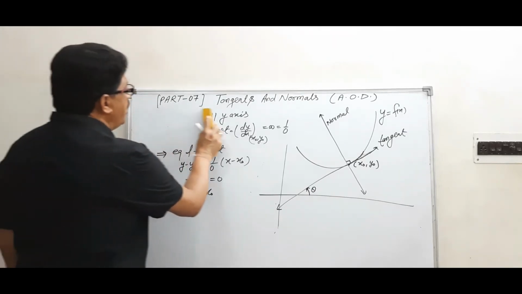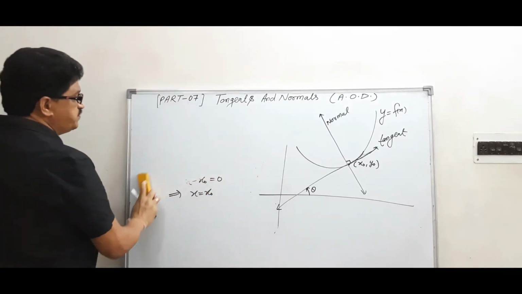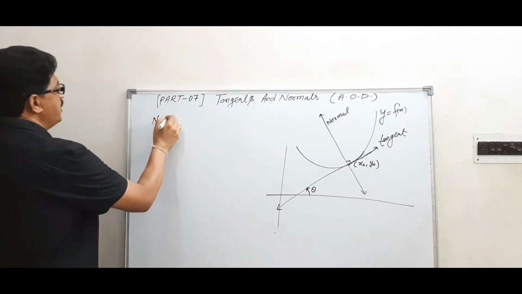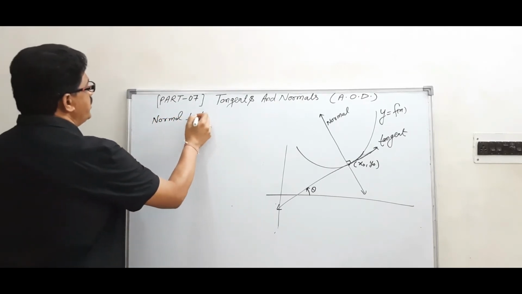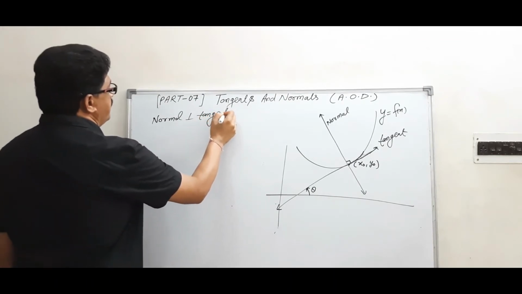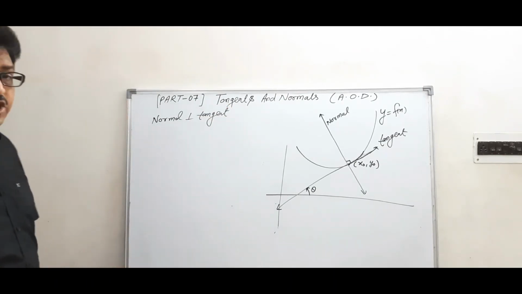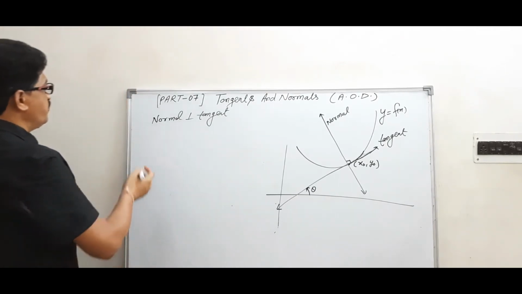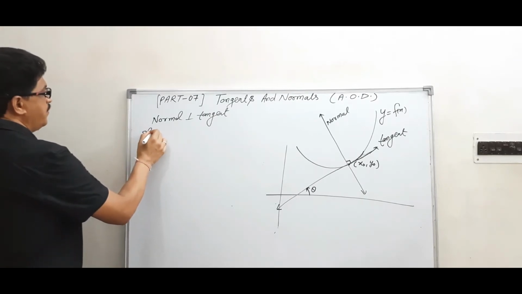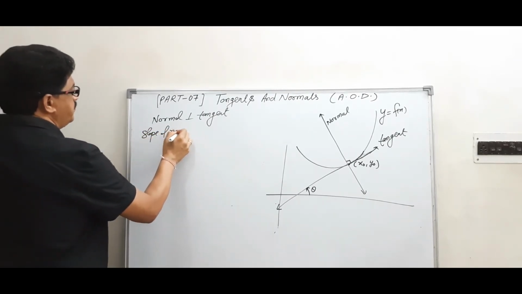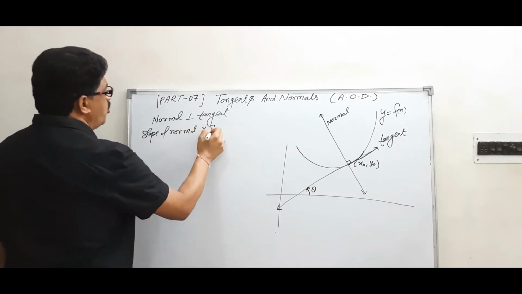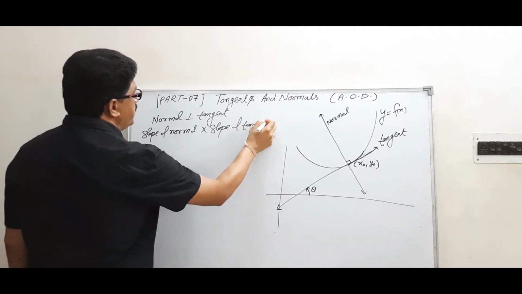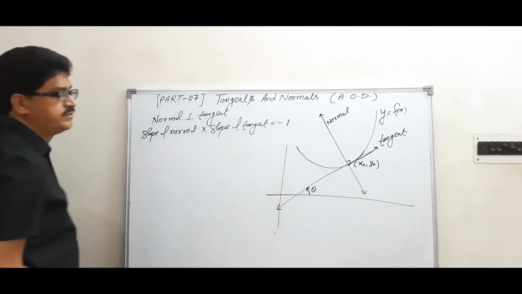Then we come to normal. Normal is a line which is perpendicular to tangent. Normal is also a line which is perpendicular to tangent. And we know that if two lines are perpendicular, product of their slopes is minus 1. So product of slope of normal into slope of tangent is also minus 1.